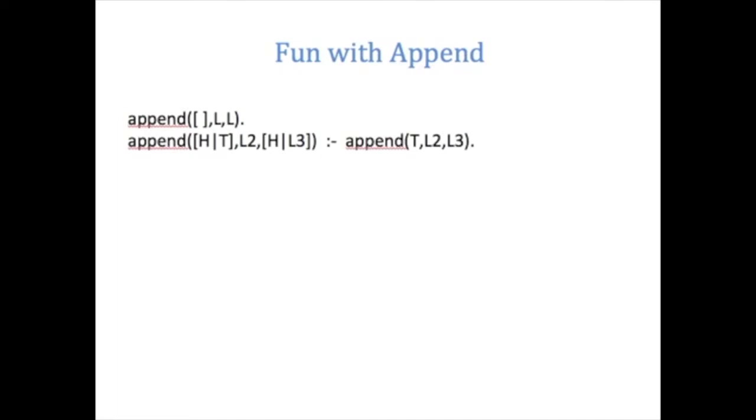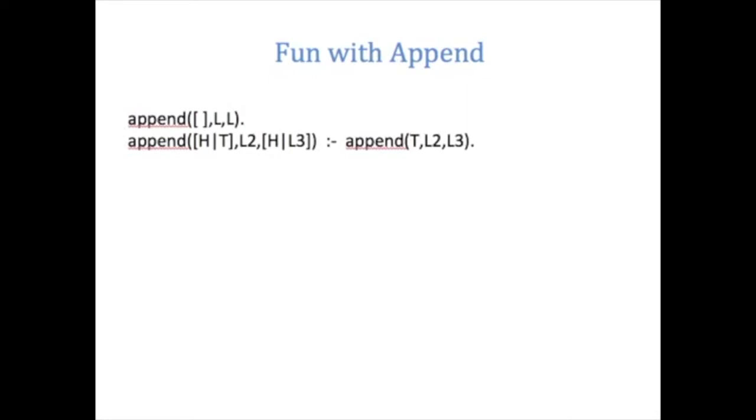The recursive case is that the first argument is not empty, in which case it has a head and a tail, and we want a list that results from the head and the tail being appended to L2, and the third argument should be all of that.